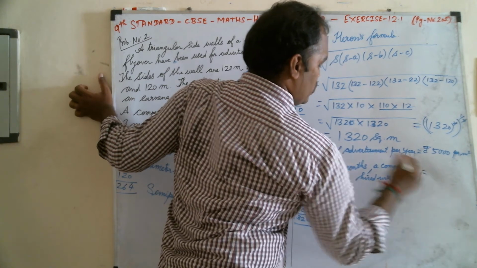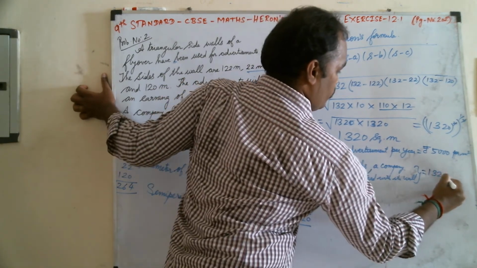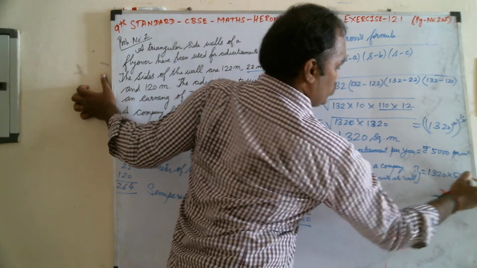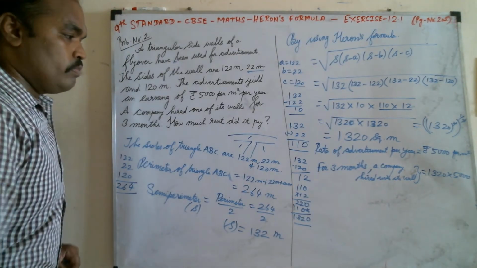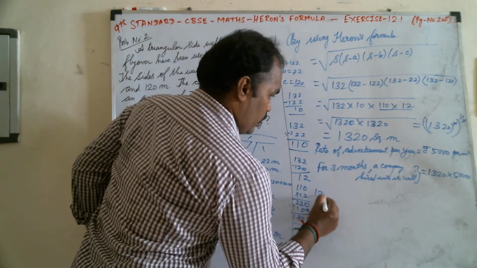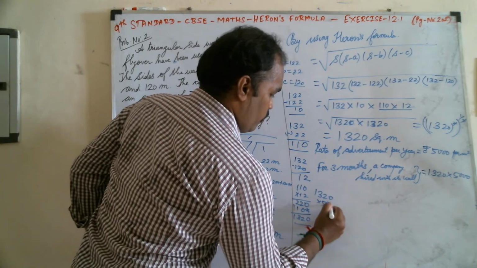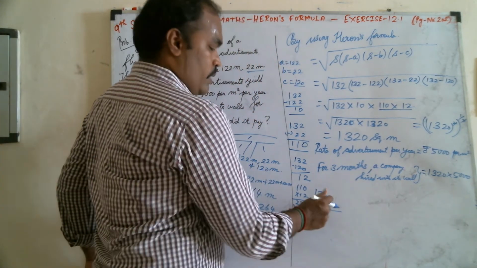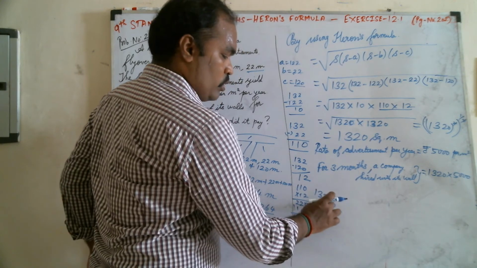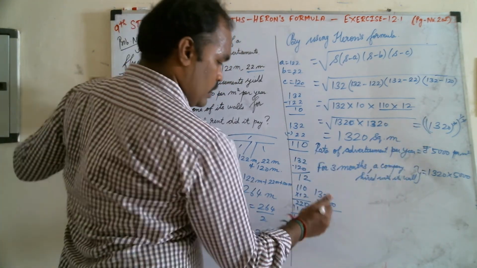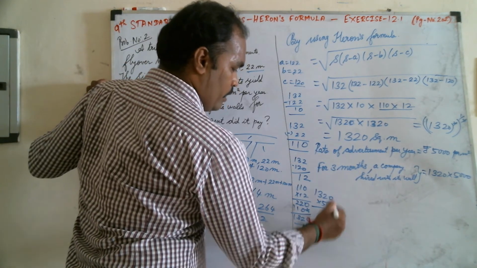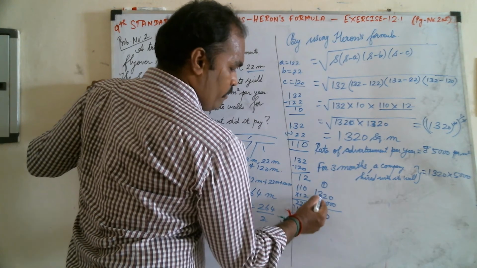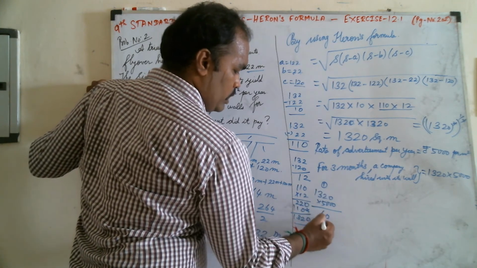How much is it? 1320 into 5,000, how much will it come? First we can solve these numbers. 0, leave it as it is. 5 2s are 10, balance 1. 5 3s are 15, 15 plus 1, 16.